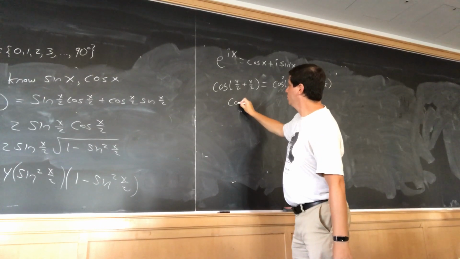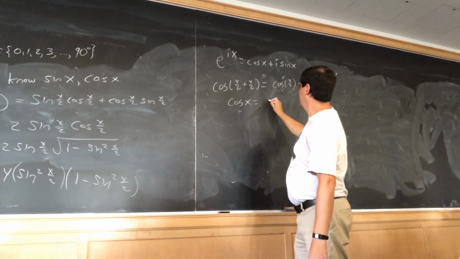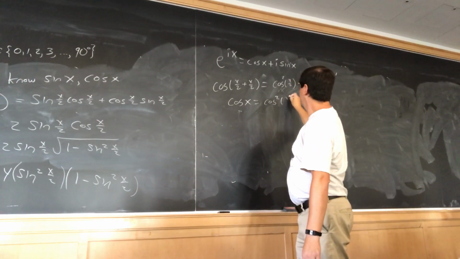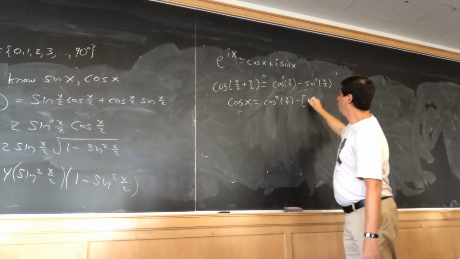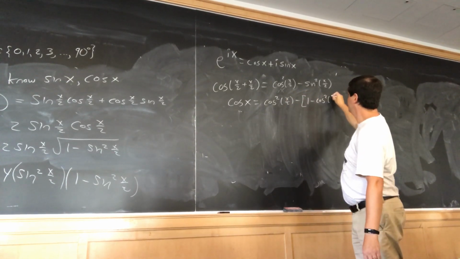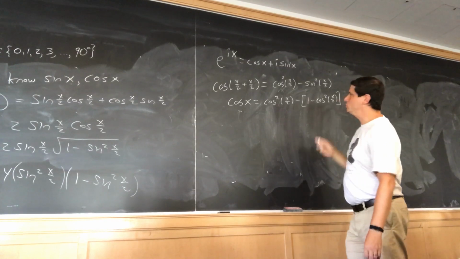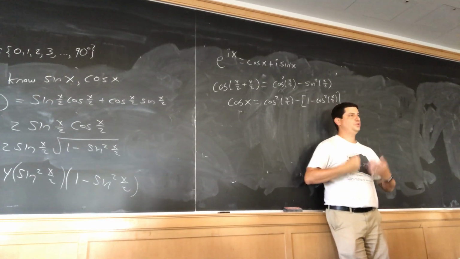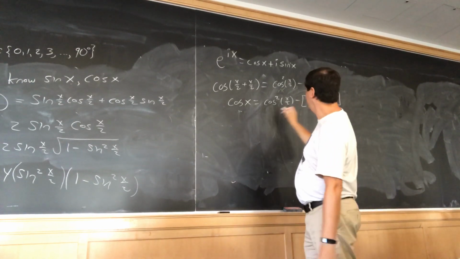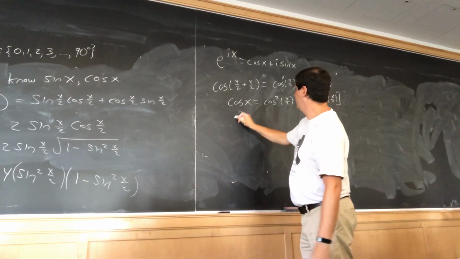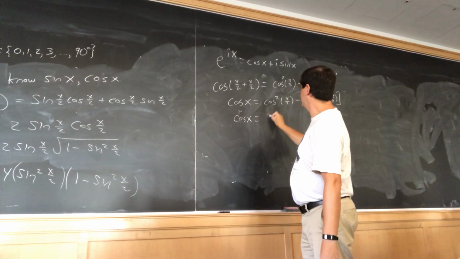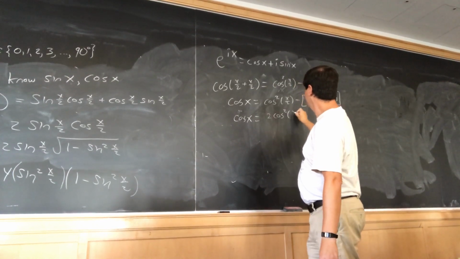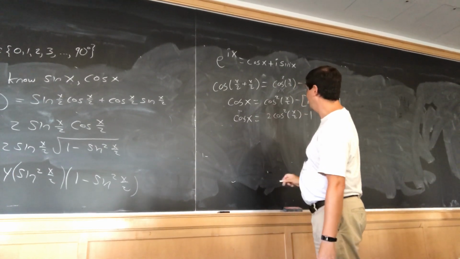So you get cosine of x is cosine squared of x halves minus 1 minus cosine squared of x halves. So we are doing something very similar as before. We are still using Pythagoras. It's good to see what tools you use. And now we get cosine of x is twice cosine squared x halves minus 1.